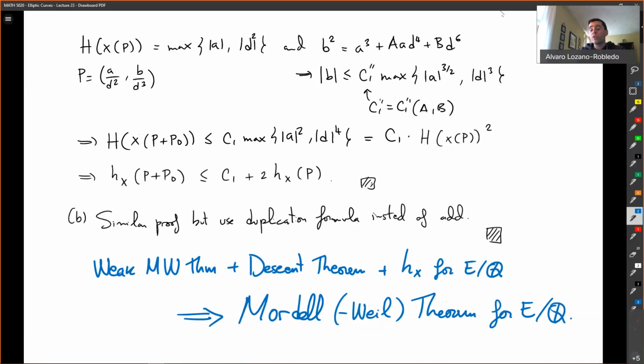What we're going to do next is talk a little bit more about torsion points, and then we'll also come back to heights and work out what we call the canonical height, which, instead of this ad hoc height, is a height that is canonical in some sense and has better properties. All these inequalities that I hate are going to become equalities, so it's going to be much nicer to work with.